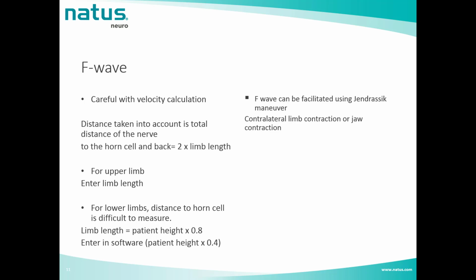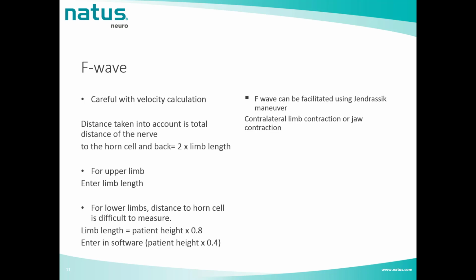For the upper limb, we can measure that length from the stimulation site to the spinal cord. However, most of the software takes into account this back and forth distance, so it already does the multiplication by 2. In that case, the number we need to enter in the software for the distance is the limb length, not the total distance.